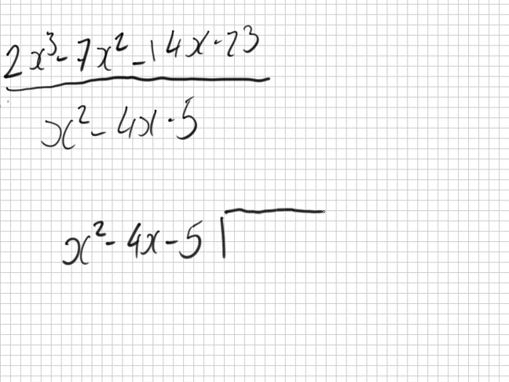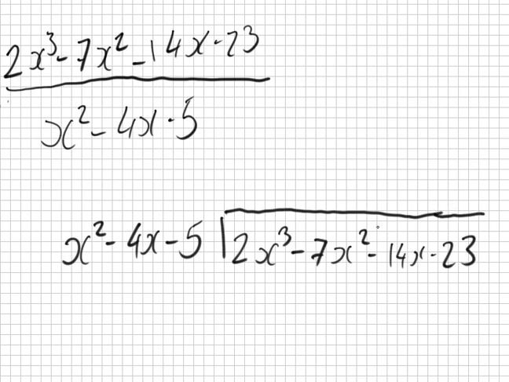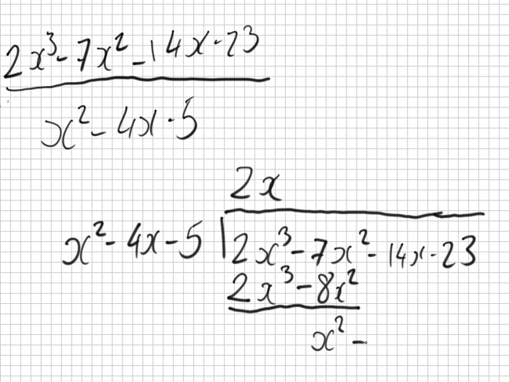Yes, for the quadratic divided into the cubic. Well, this we are familiar with. This will be 2x. This will be 2x cubed minus 8x squared, minus 7 minus 8, so that's x squared, minus 14x minus 23.